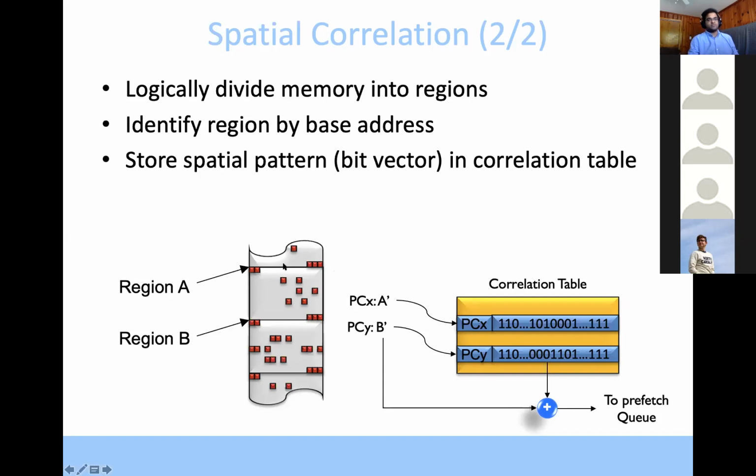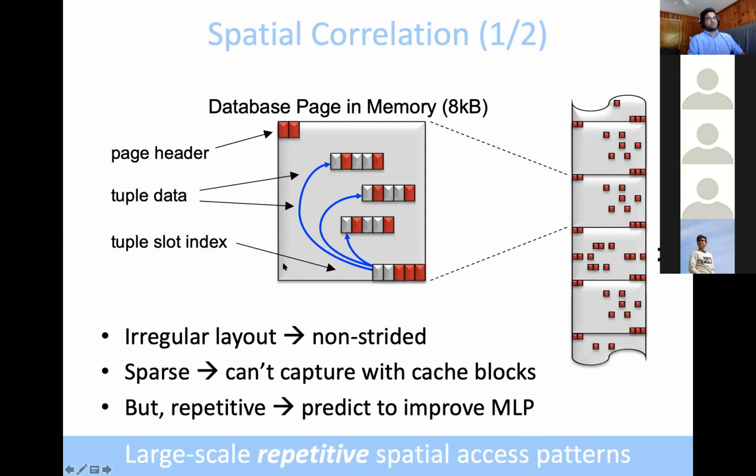Now, a region does not need to be a page size. As we saw here, there are actually 2 of these pages that have the same pattern. So you can store the same pattern for this and this in one entry, and so on, right?